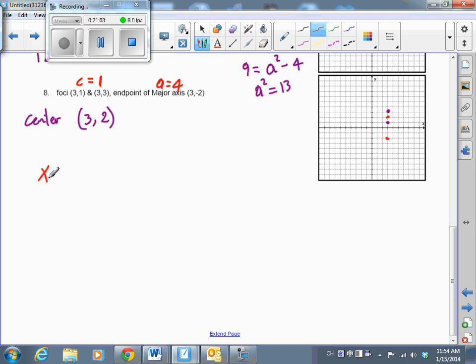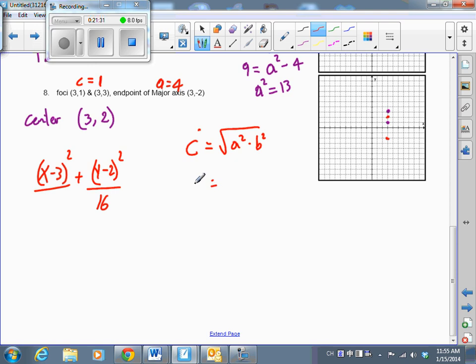So let's write half of the equation. I will have (x − 3)² plus (y − 2)², the whole thing squared, over, we know that it is vertical, so the big number goes down here. The only thing we don't know is b, but we know the equation says c is equal to the square root of a² minus b².